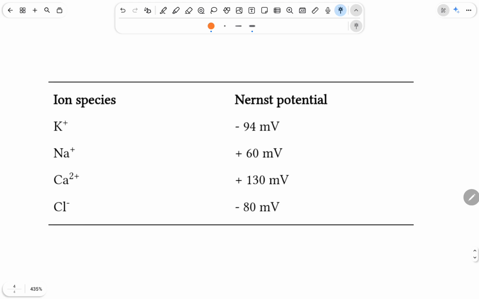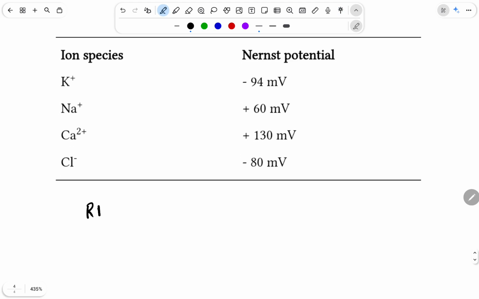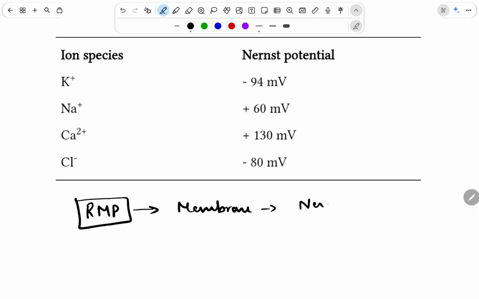Okay, now I want to give you a statement. The RMP of a membrane is close to the Nernst potential of potassium.